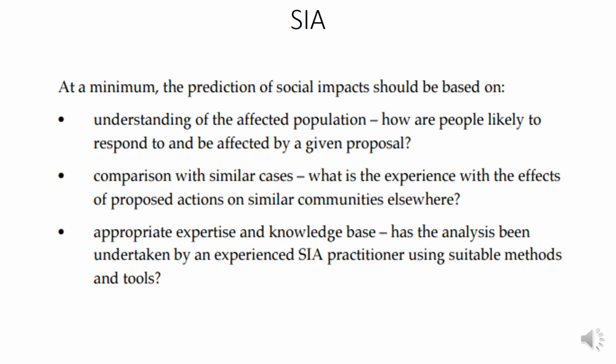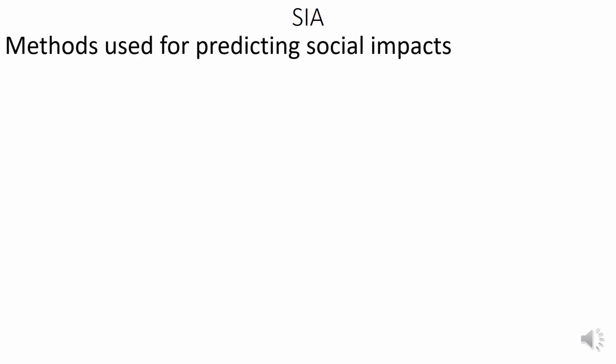How do people adapt to those changes? Yeah, so that's key when you are looking at the social impact the project has on the community. Also, appropriate expertise and knowledge base, in terms of who you are using, who you are asking questions when it comes to social impact assessment. It's very important for that.